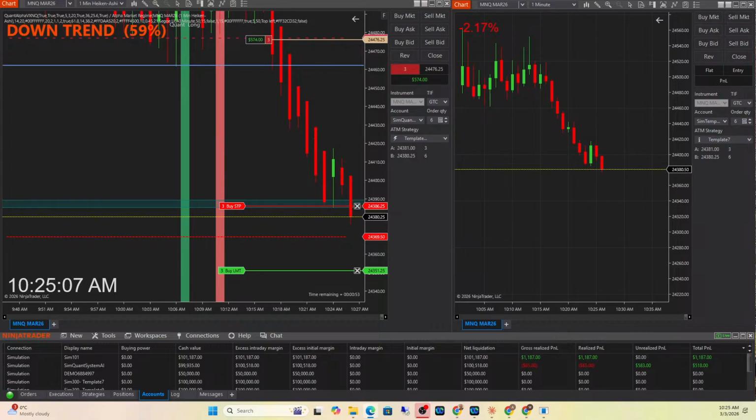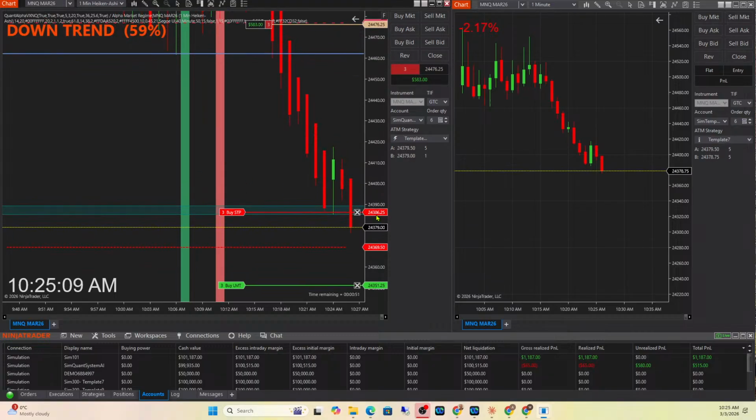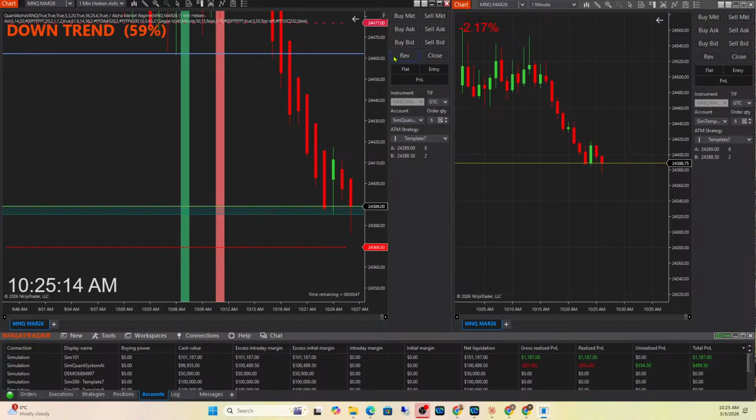And now, oh my, look at that. Now it's reaching the 400 ticks mark and it's already gone.